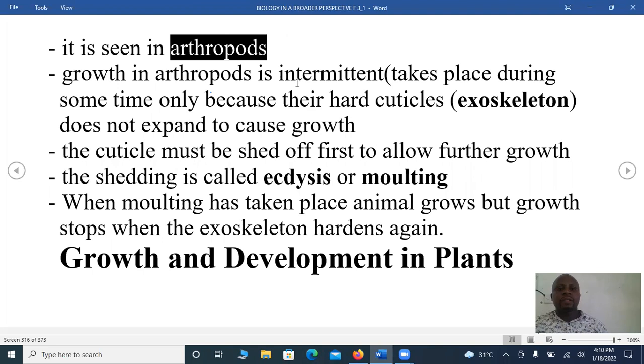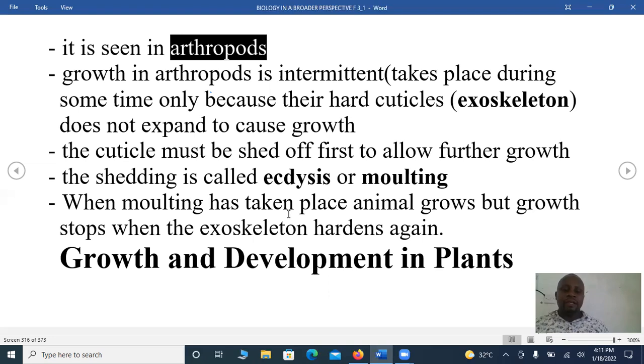So growth in arthropods is intermittent. That is, it takes place during some time only, because they have a hard exoskeleton, which does not expand to allow growth to occur. So the cuticle must be shed off first to allow further growth. The shedding is called ecdysis or molting. When molting has taken place, the animal will grow, but the growth stops when the exoskeleton hardens again.